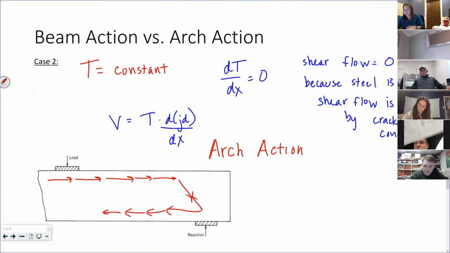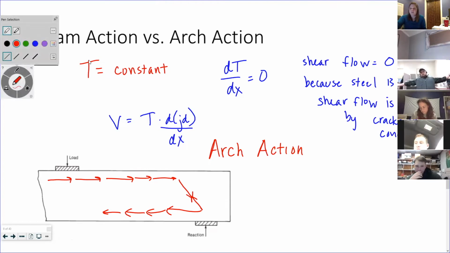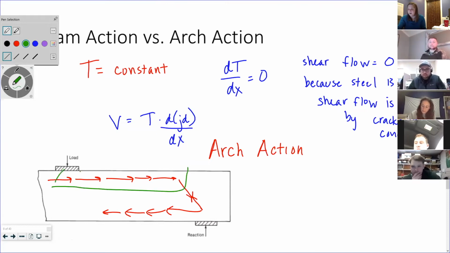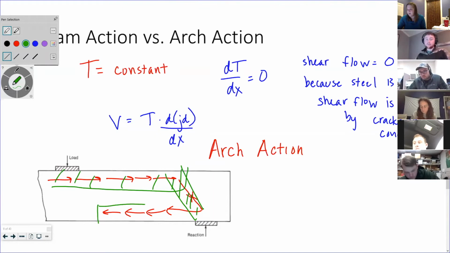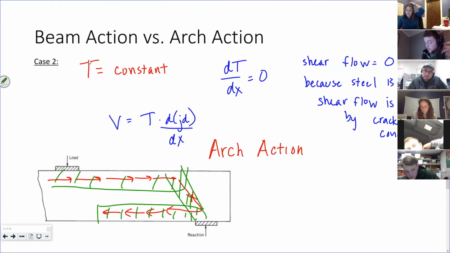You basically treat this whole beam as if there's a part here and a part here and a little bit of a part here, but you don't get to take advantage of any of the concrete between those lines of action.